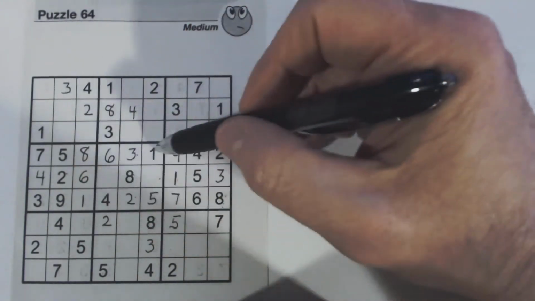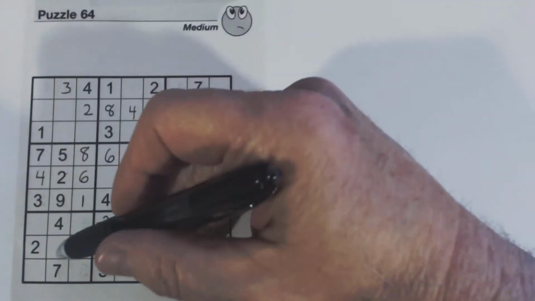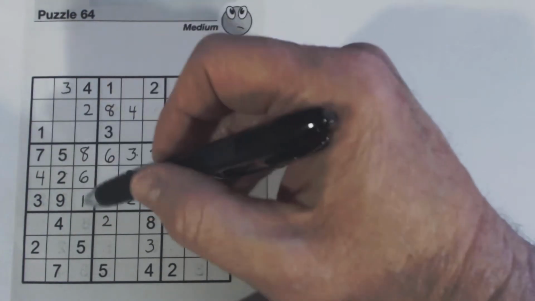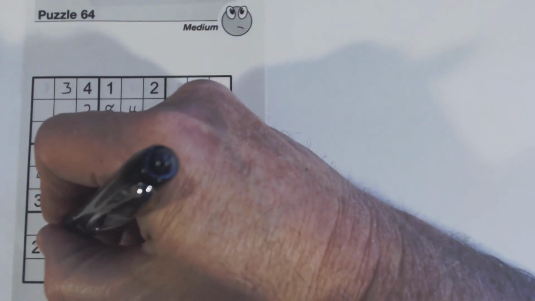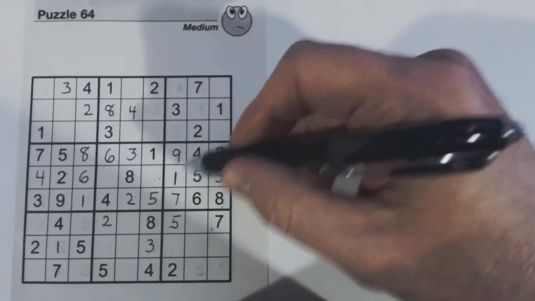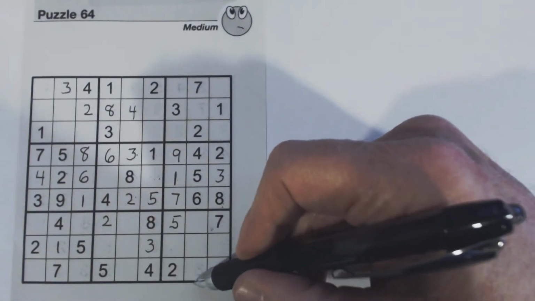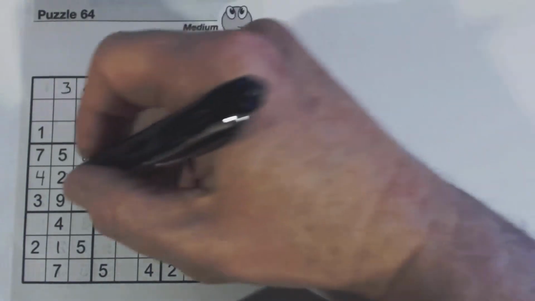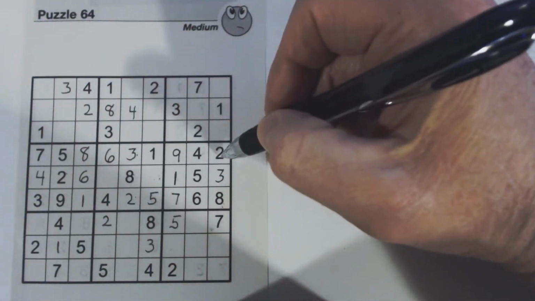1s. Oh, there's a 1. Okay, so that's a 1. Okay, 2s. Do we have all our 2s?